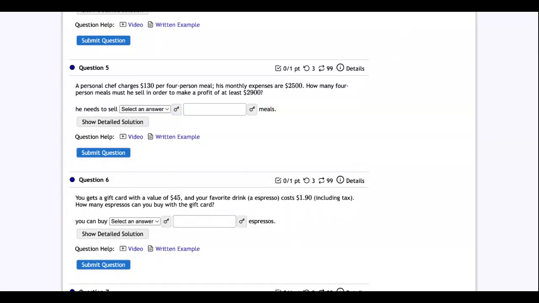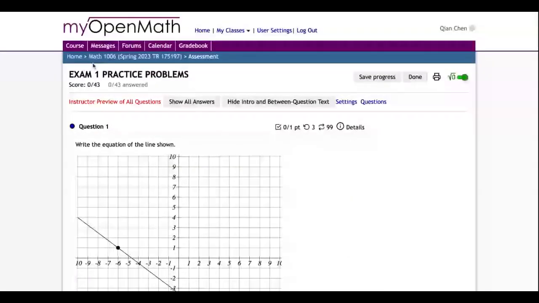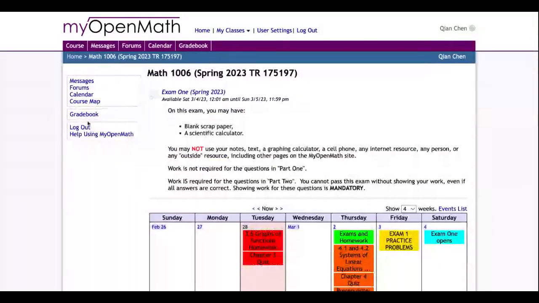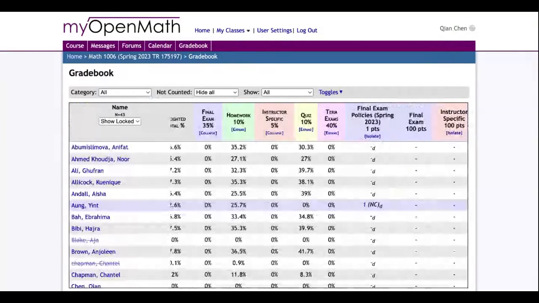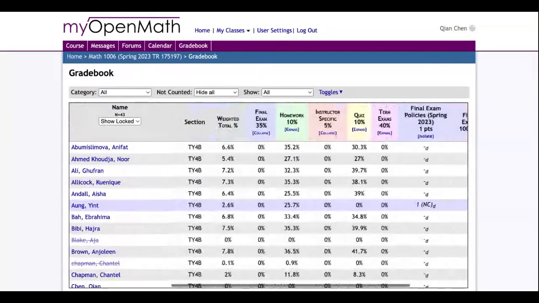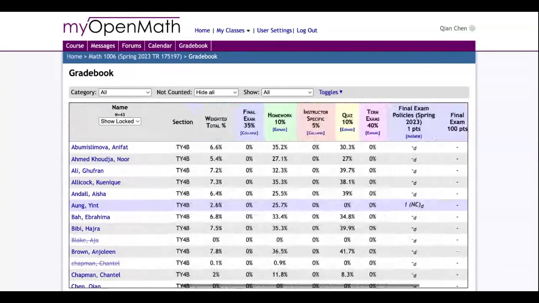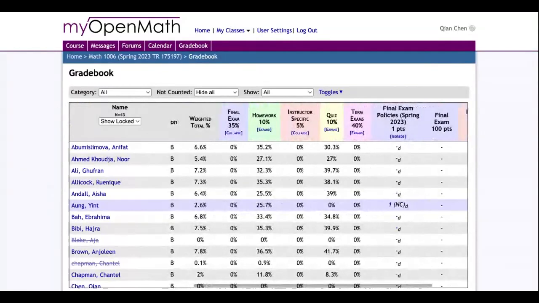Okay, what's the next question? Does this count as a homework? No, practice has its own grade. All right. If you go to grading, if you go to grade book, right? You see, let me see. Oh, this actually, so this is 1006. I'm sorry, sometimes I get confused because I'm teaching 4 courses. Let me see.